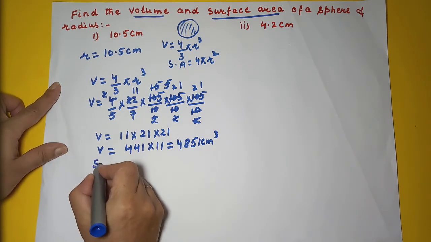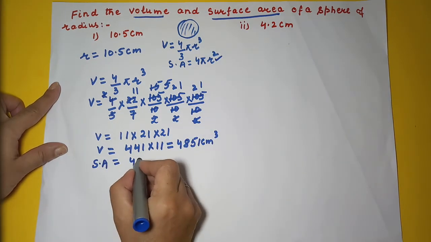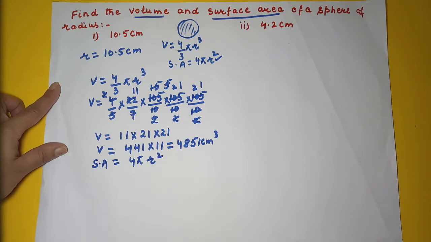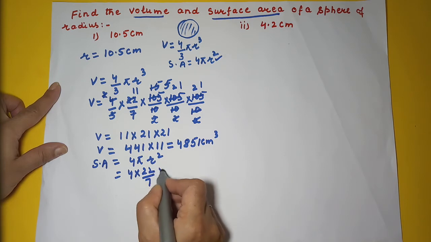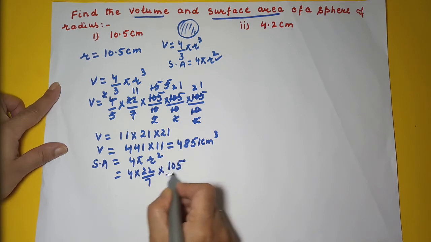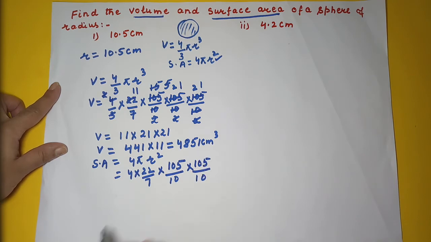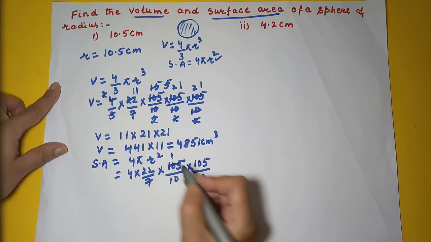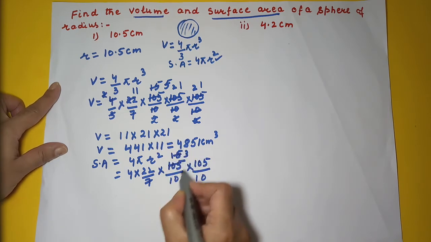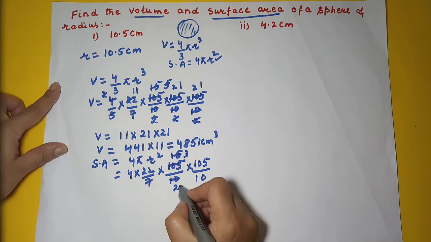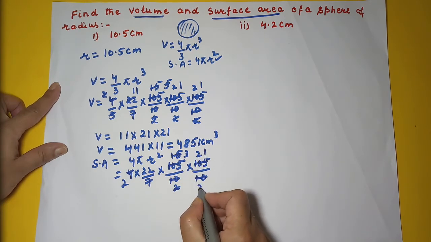Now you have to find the surface area. So we know the formula for surface area is 4 pi r square. So we will substitute: 4 into 22 by 7 into 105 upon 10 into 105 upon 10. 7 1s are 7, 7 5s are 35. So 5 3s are 15, 5 2s are 10, 2 2s are 4.